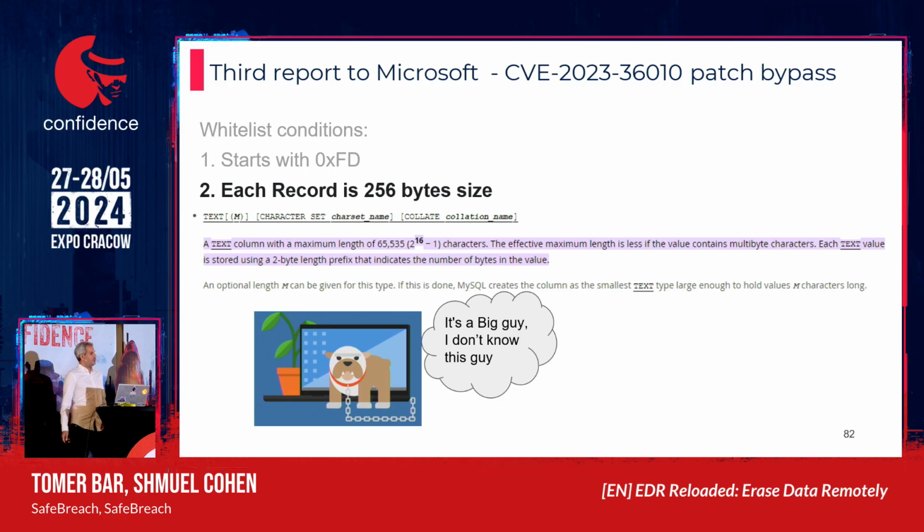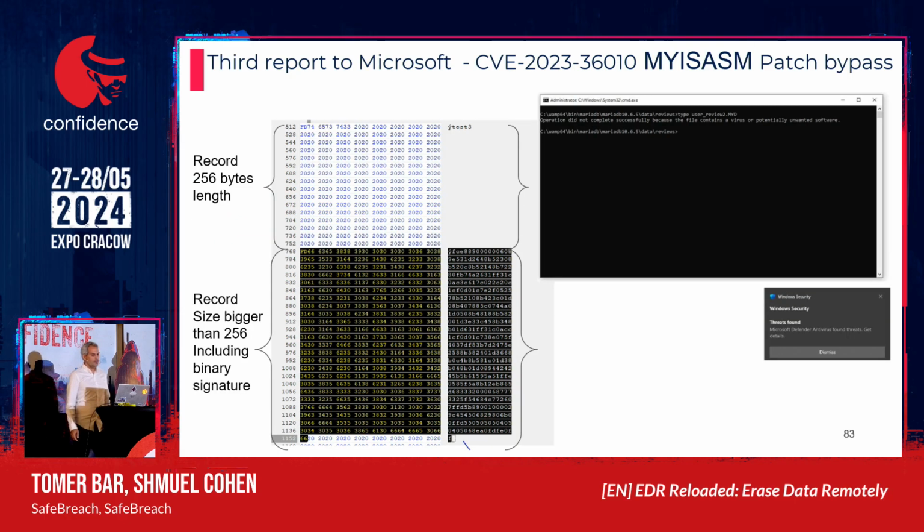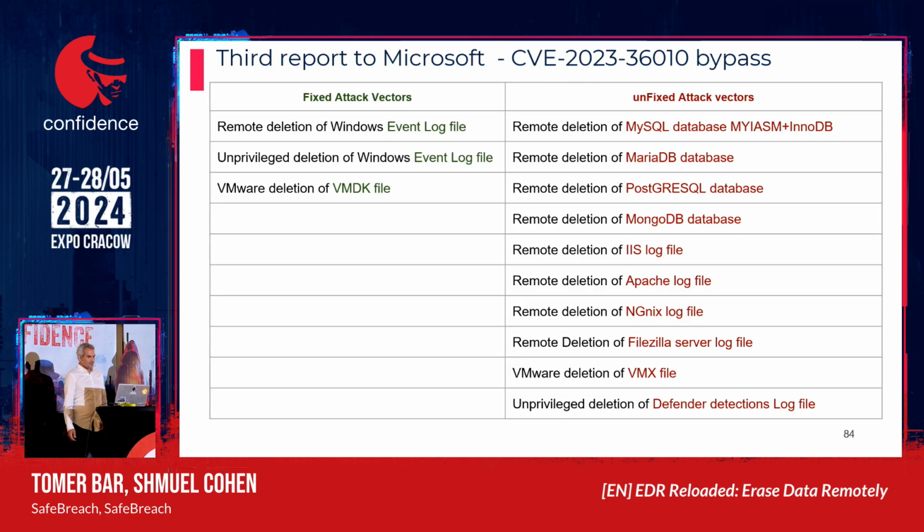So what will happen if the victim's DB uses non-default textual fields? As we can see, we were able to insert our Levinian K signature into a field larger than 256 bytes in the MySQL MyISAM database and bypass the whitelisting logic.